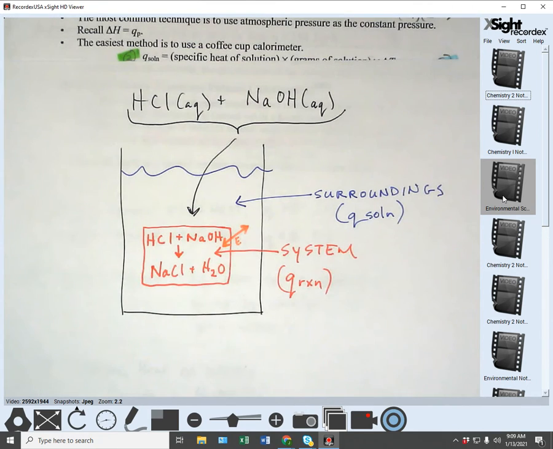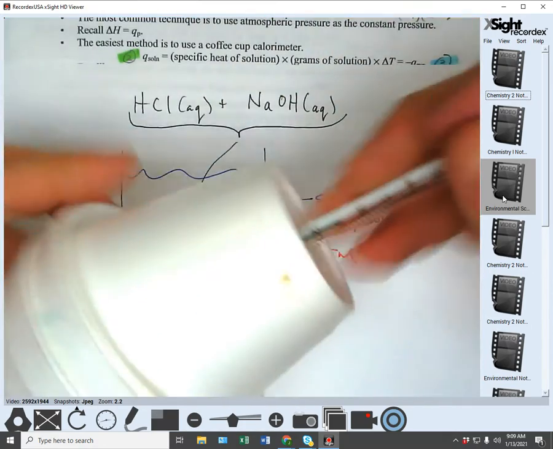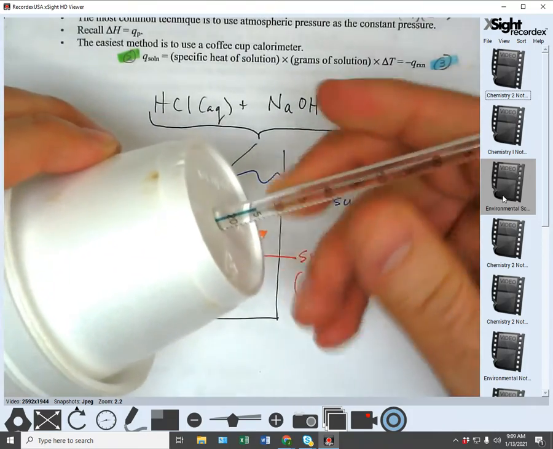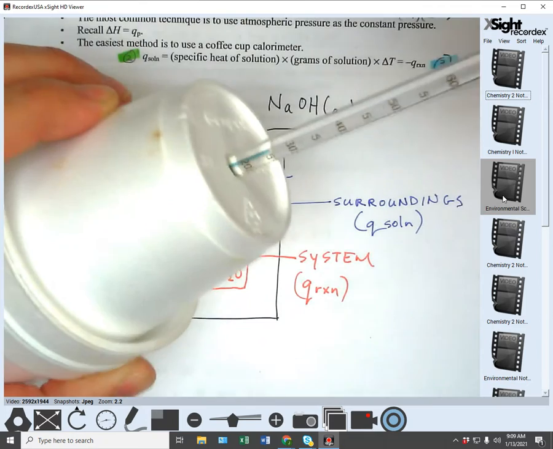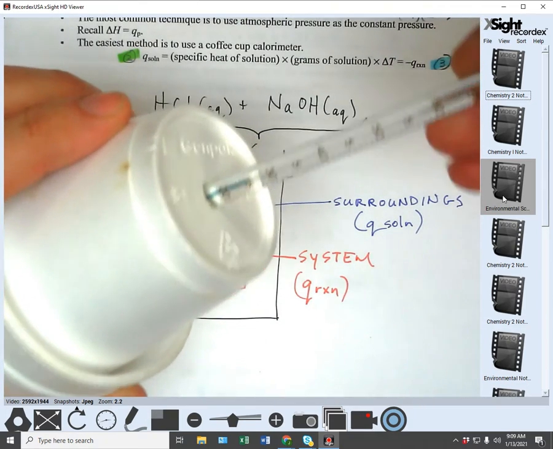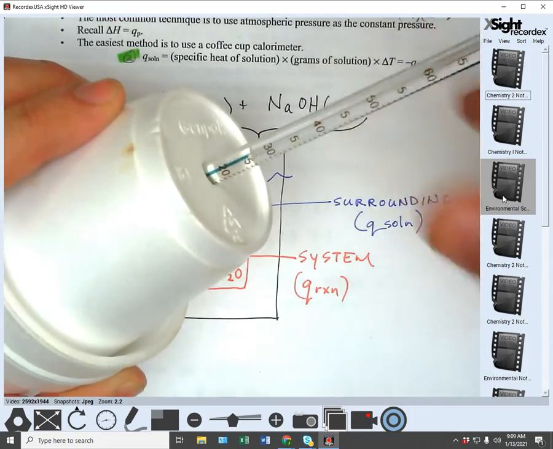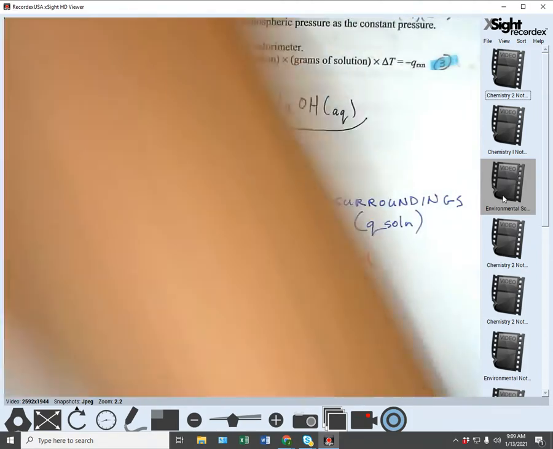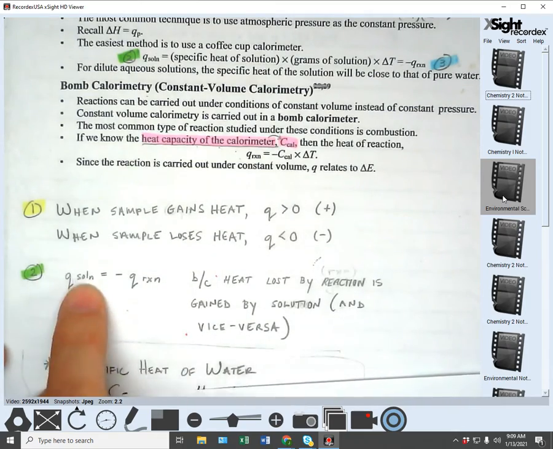So if we have a coffee cup calorimeter like this, and we mix two things together, we're getting a reaction, we're taking the temperature. What we're actually getting is the temperature change of the solution, not the reaction.